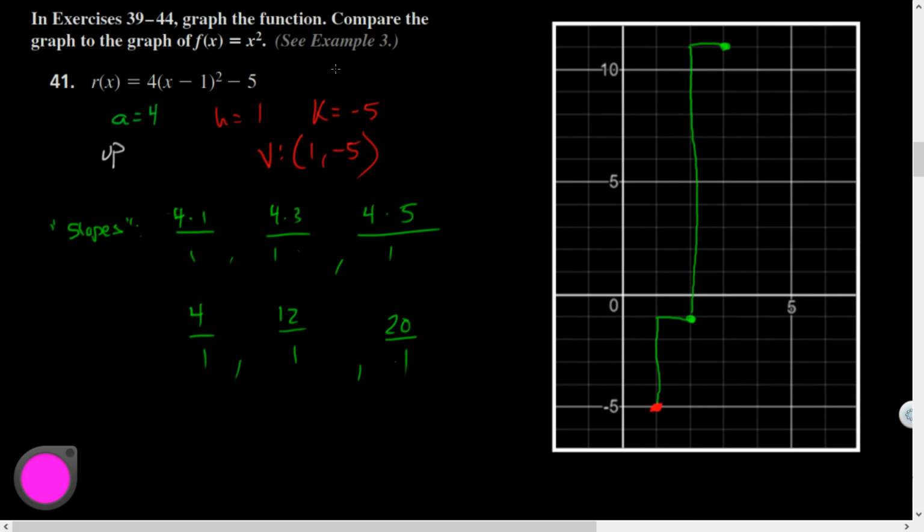Let's see. Can anyone help me with the axis of symmetry here? X equals what number? What would the equation of the axis of symmetry be? Right, visually, we know it passes through the vertex.